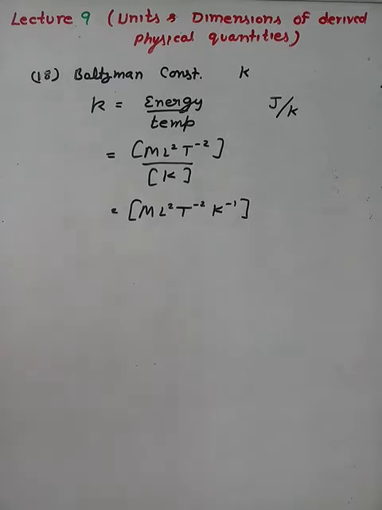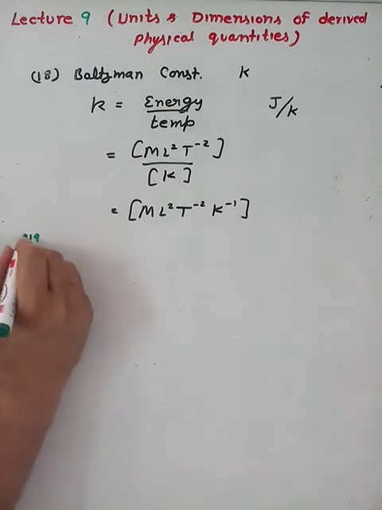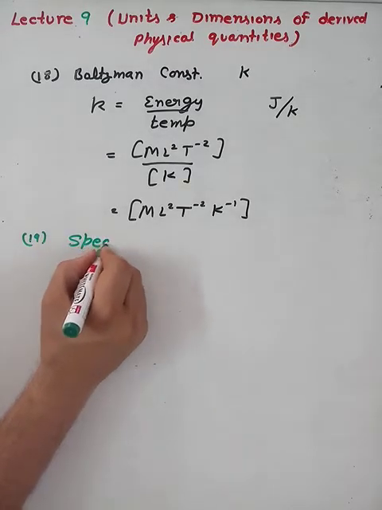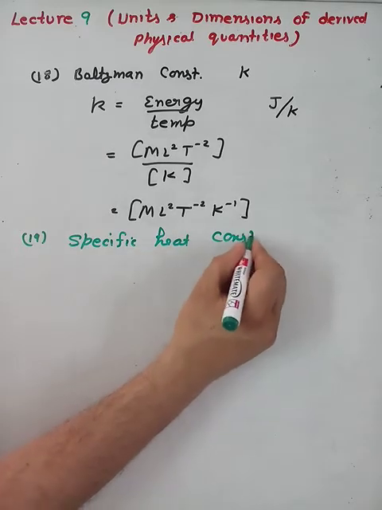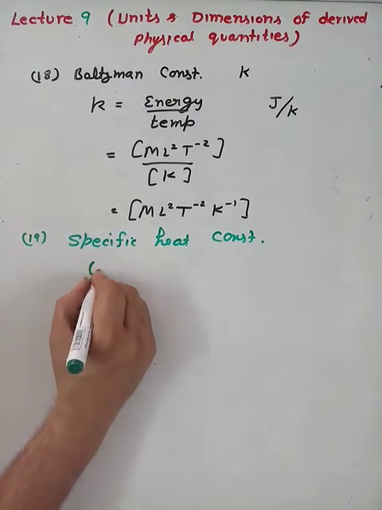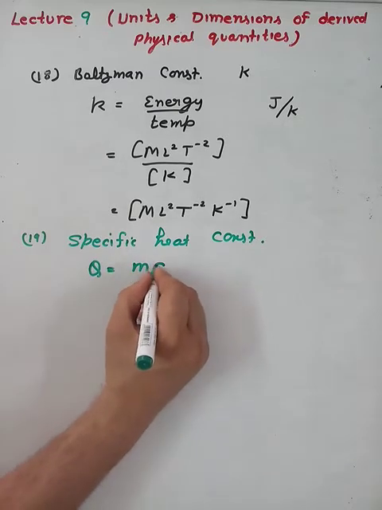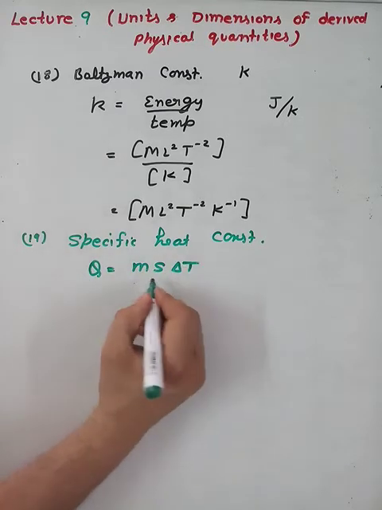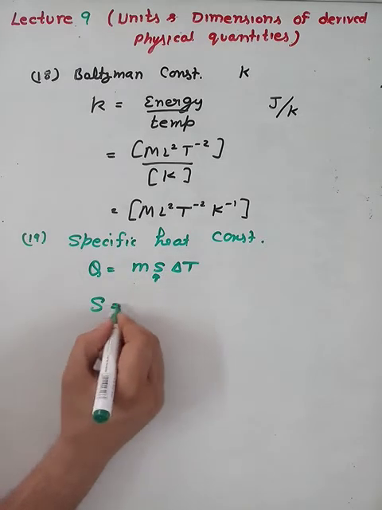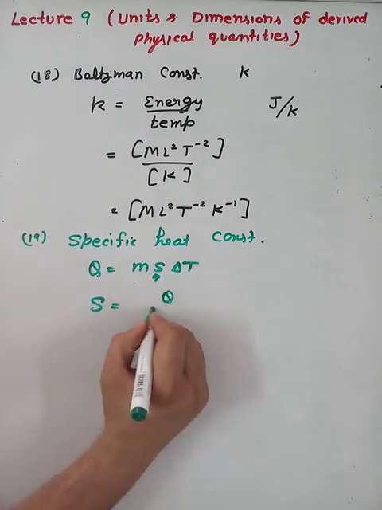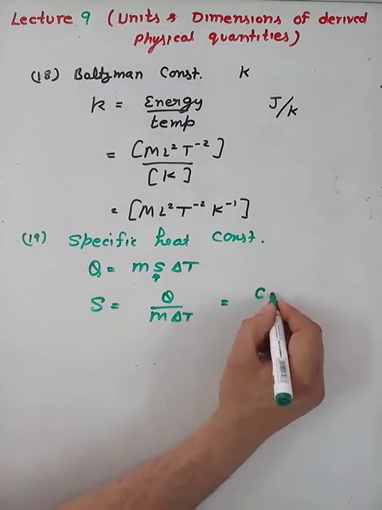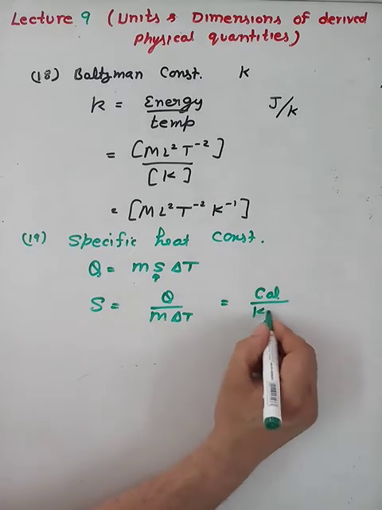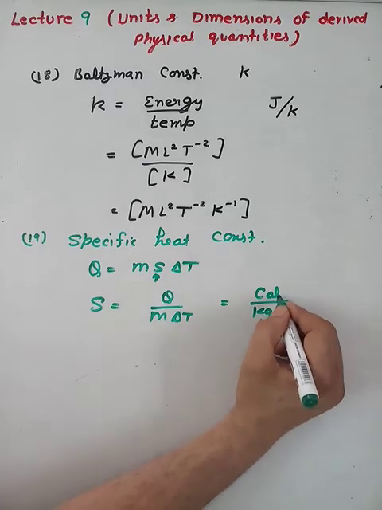Next is the specific heat constant. We have a formula, Q is equal to m s delta T. S is the specific heat constant, Q is energy, so s is Q upon m into delta T. In heat and thermodynamics, Q is in calorie or joule, m is in kg, delta T is in Kelvin.